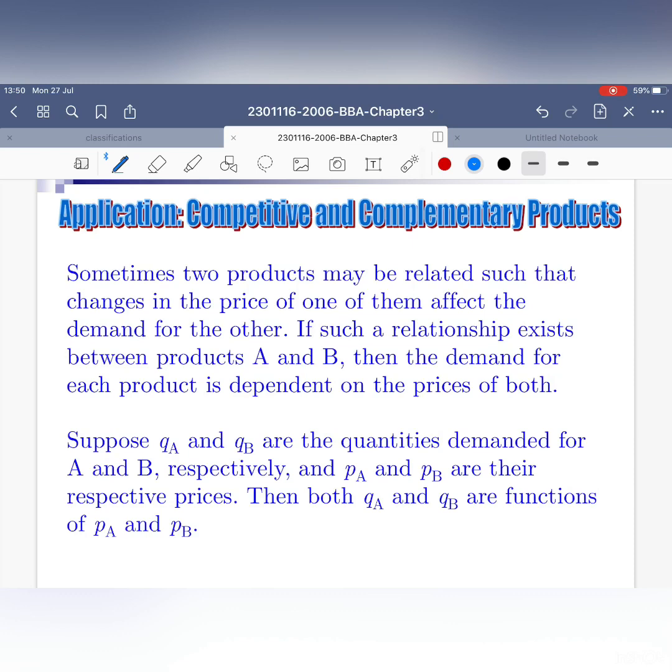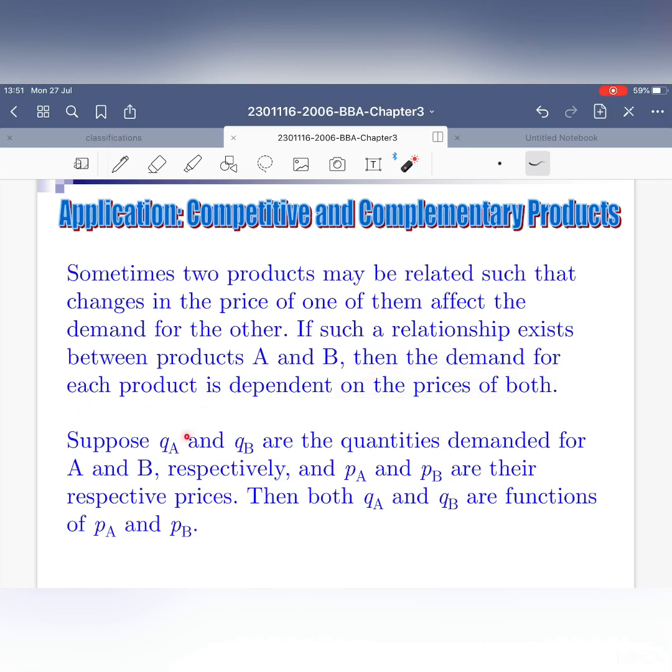Sometimes two products may be related such that the change in the price of one of them affects the demand of the other, right? So if such a relationship exists between a product A and a product B, then the demand for each product is dependent on the prices of both.